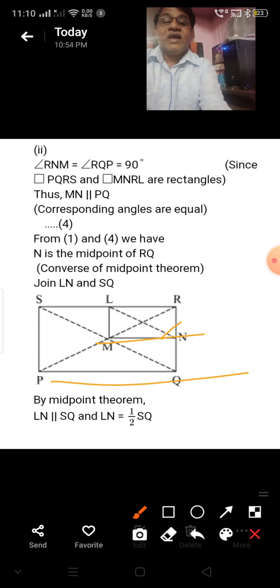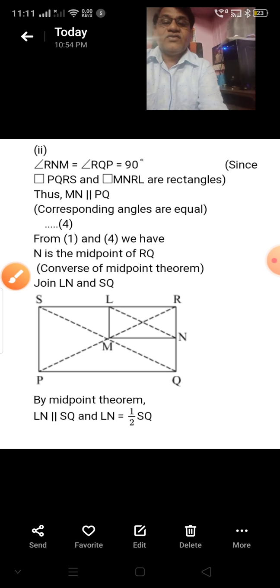So if these two lines are parallel, corresponding angles are equal. Therefore, from 1 and 4, we have N is the midpoint of RQ. So by the converse of the midpoint theorem, join LN and SQ. Then by the midpoint theorem, LN is parallel to SQ and LN is equal to half of SQ. So this is proved. LN is equal to half of SQ, because the midpoint theorem says that a line joining the midpoints of any two sides of a triangle is always parallel to the third side and half of the third side. In this way you can prove LN is equal to half of SQ, right?